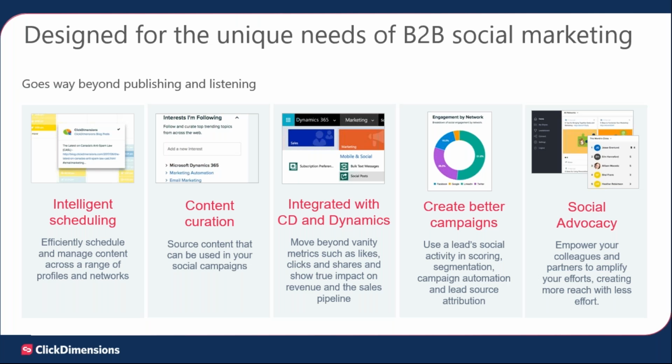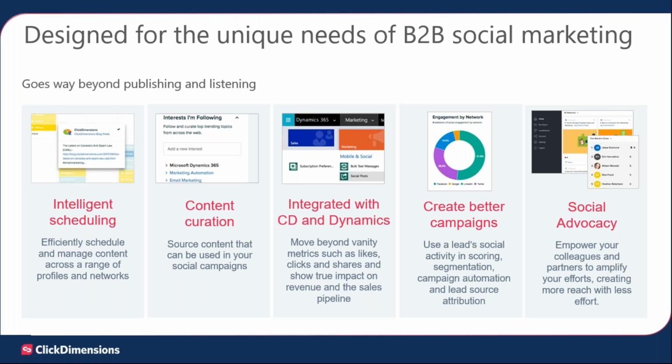We are integrated with ClickDimensions and Dynamics, so we're bringing that link click information back inside of CRM. We have a very robust set of analytics that's going to help us create better social campaigns and evaluate the ones that we're currently running. And we also have a social advocacy functionality that's going to allow you to leverage your employees' networks to expand the reach of these posts even further.